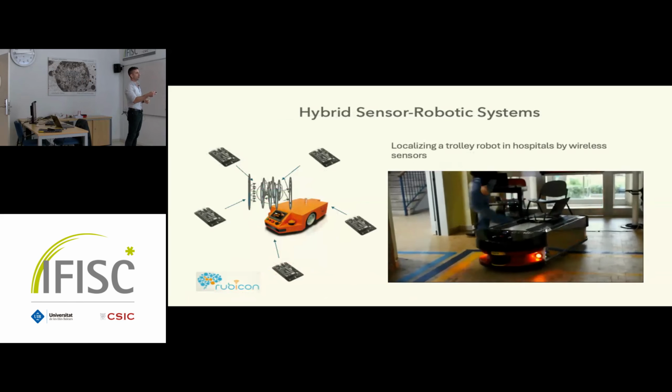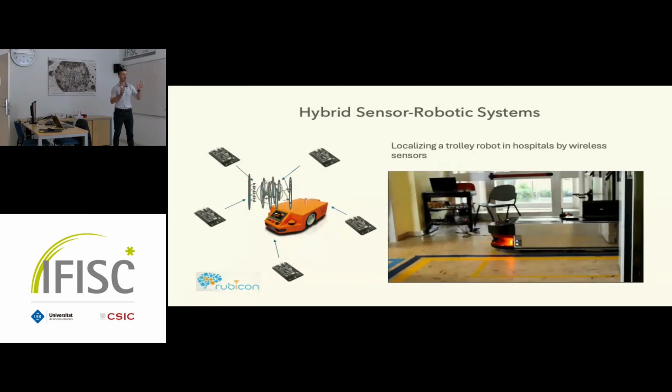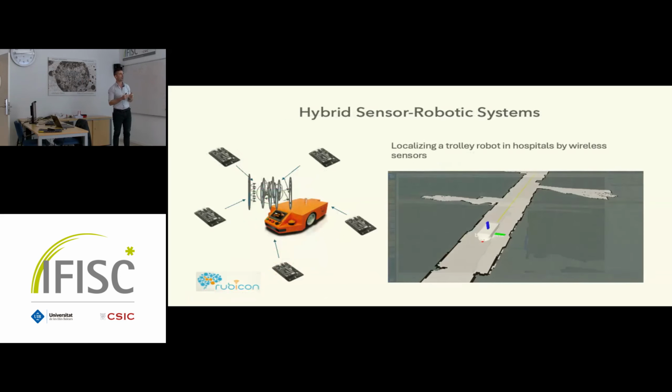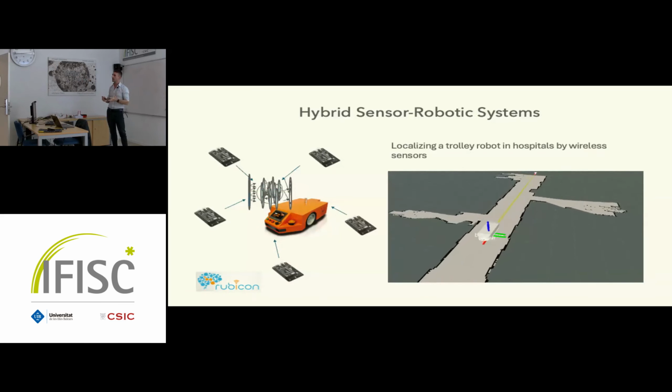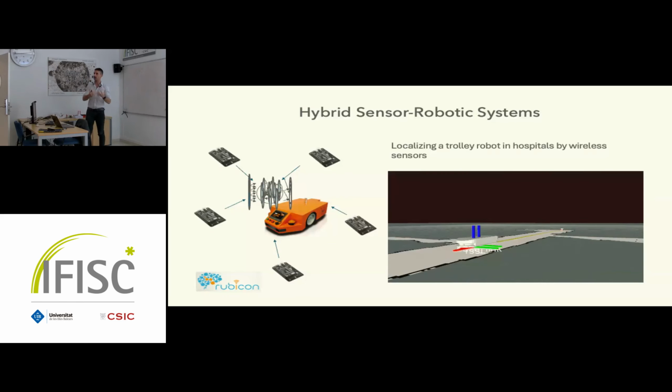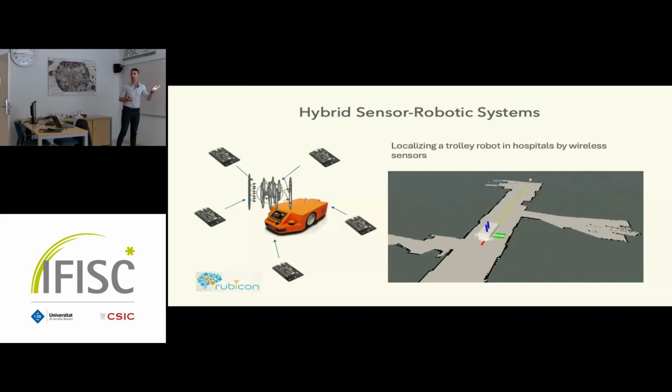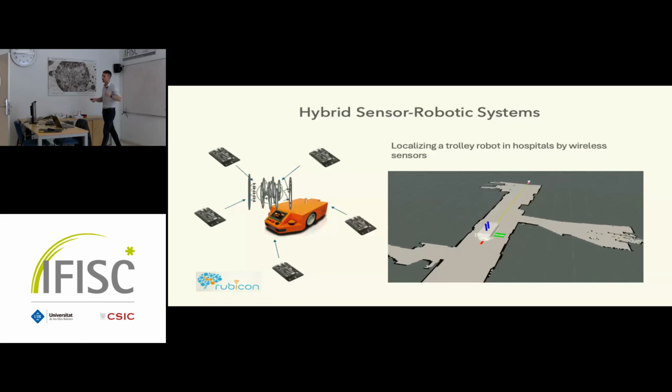So the robot is moving in this hospital environment near Pisa, and our system based on this reservoir computing was receiving information from the environment and localizing the robot like a secondary localization system on the fly. So this was only possible because we used these reservoir computing systems, right?